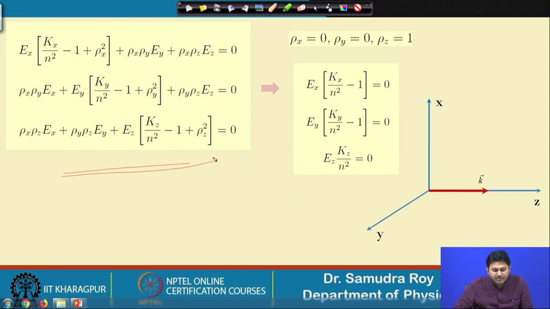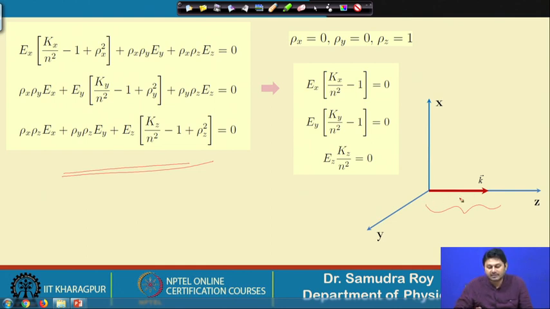Now these three equations are put under some condition, and the condition is here. I show the same figure that we used in the previous class: if I put my k in such a way that it is along the z direction. So, now my k is in the z direction.